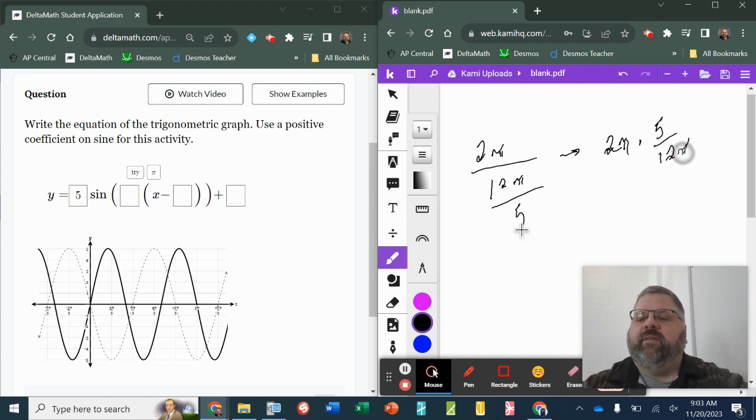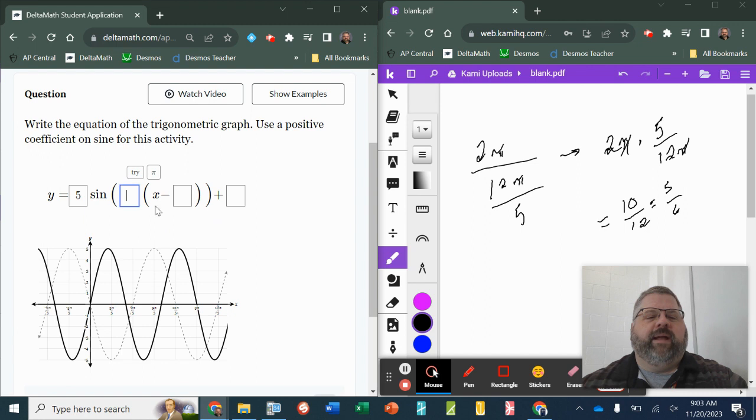The pi's are going to cancel out, and then I'm going to have 2 times 5, which gives me 10 over 12. They're both divisible by 2, so that simplifies to 5 over 6.